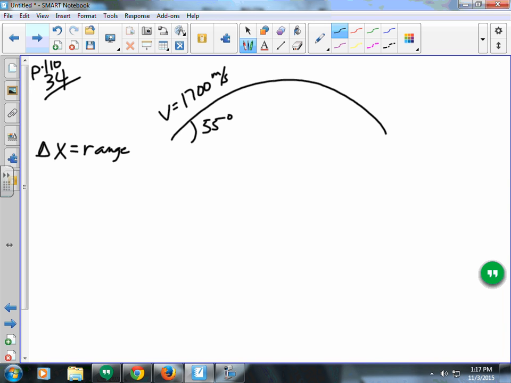So it's not like the resultant, we have to treat them independently. It says the shell's horizontal range. I would just call it delta x. And then the amount of time that it's in motion.